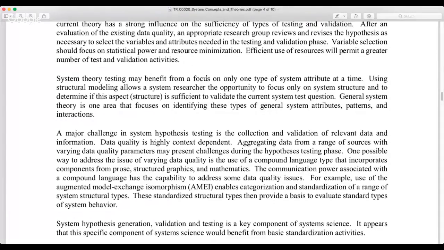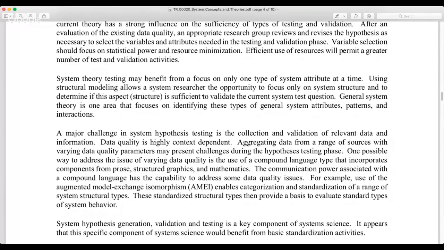And so the major challenge, of course, in systems hypothesis testing is the identification and validation of relevant data. So what are we going to be able to measure? What's common? One of the things about the system we're looking at, of course, is that we use the construction rule: we'll say that a system is a relationship associated with a collection of objects.